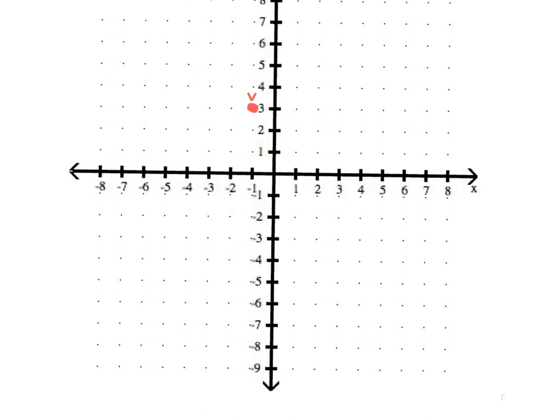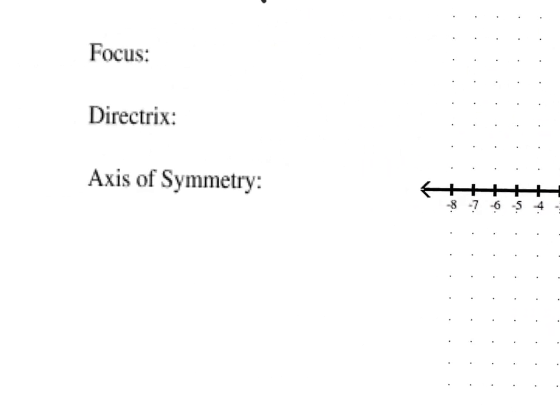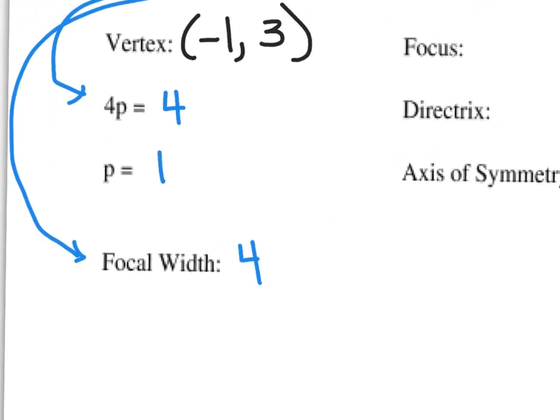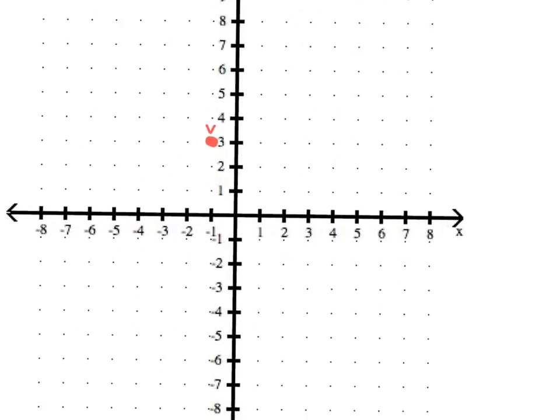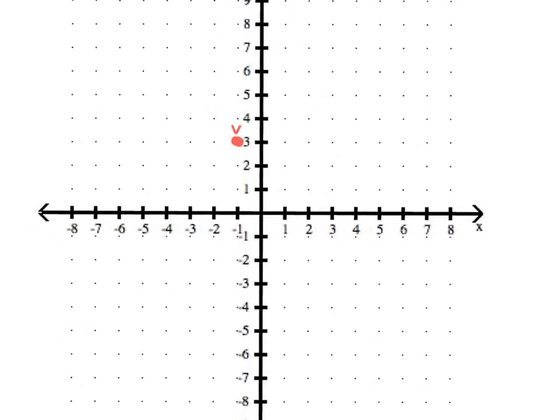The p value in this one was just 1. That tells you how far away your focus is from the vertex. So our focus is going to be 1 unit up from the vertex, and the directrix is 1 unit below the vertex. So whatever that p value is tells you quite a bit of information.